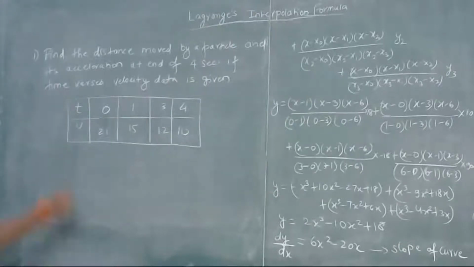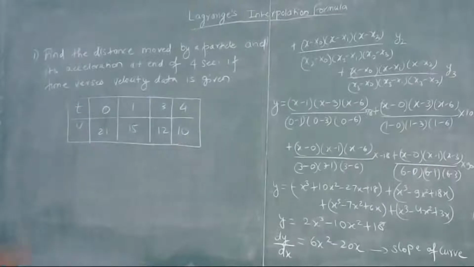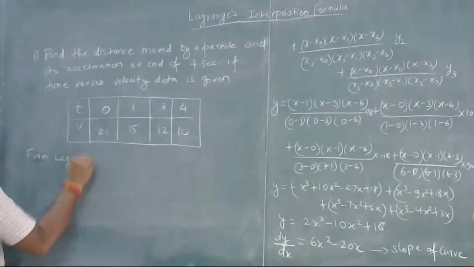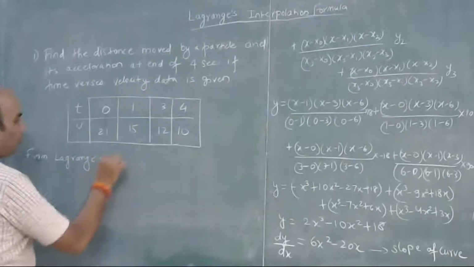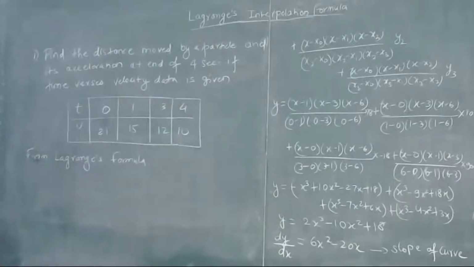So we have to use Lagrange's interpolation formula again. Okay. So now it is no longer x. The variables are now t and v. So from Lagrange's formula, now it will be v, velocity is equal to.